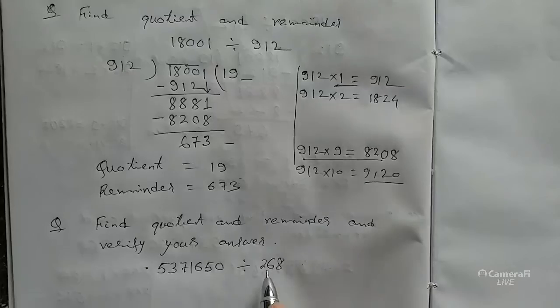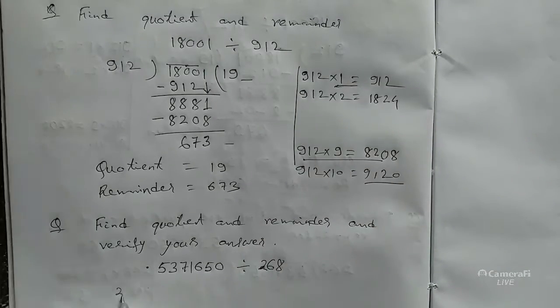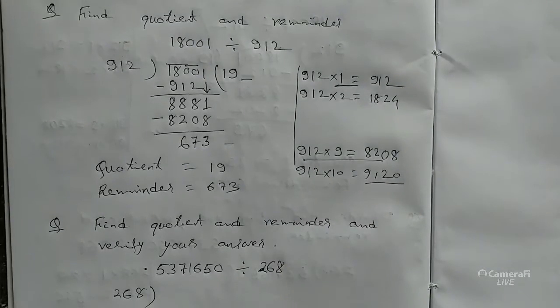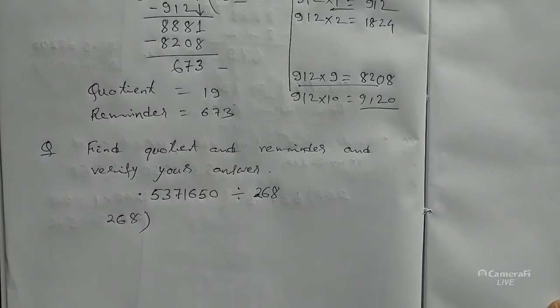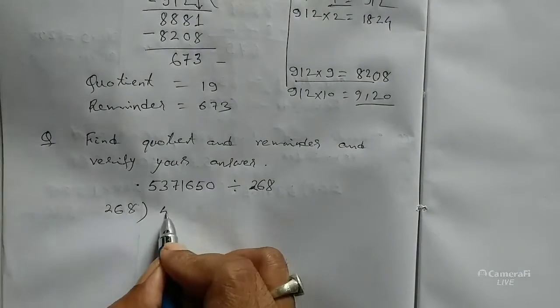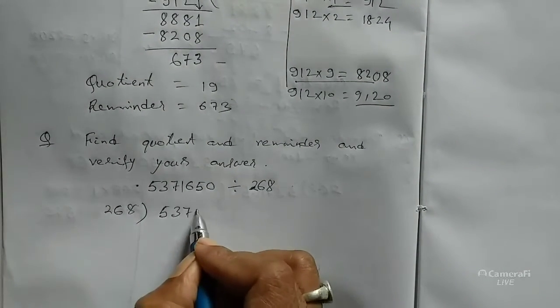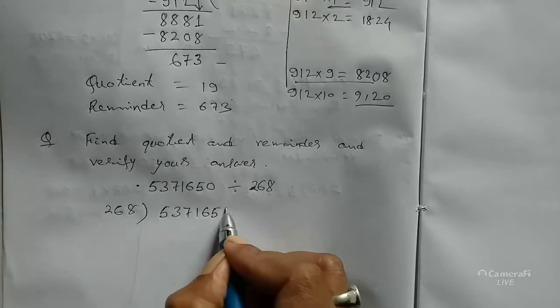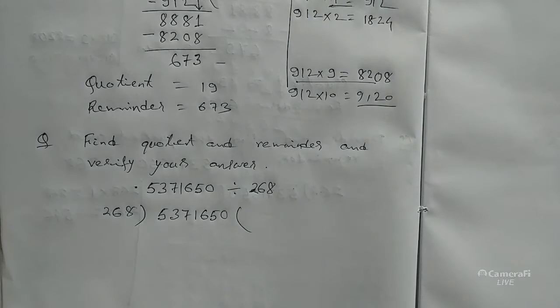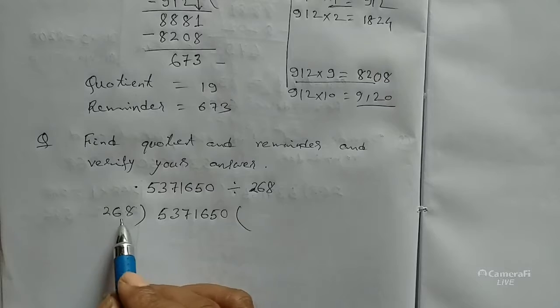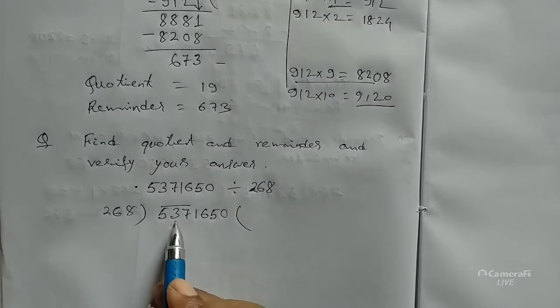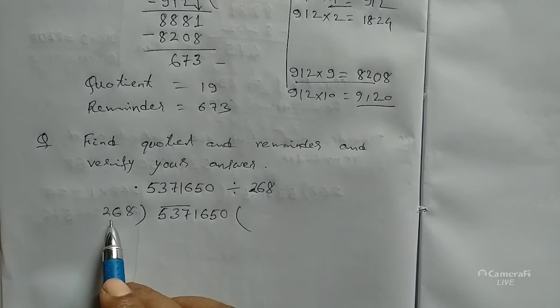Let us first divide it. We will divide this number, 5371650, by 268. There are 3 digits in 268, so let us take 3 digits which are greater than 268.